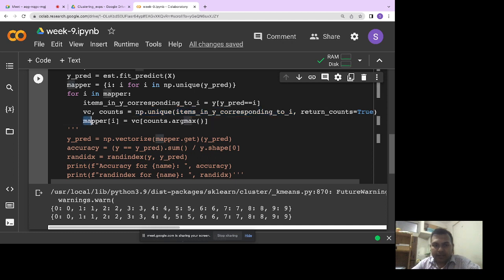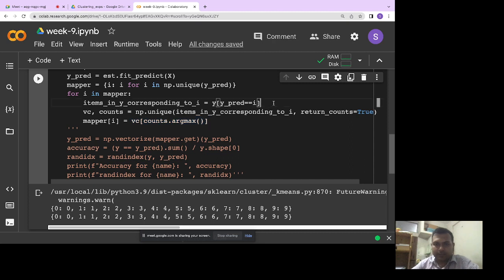And then in the mapper of i, it will say, out of all those values, which is the most frequent target when I have predicted, let's say, 5.